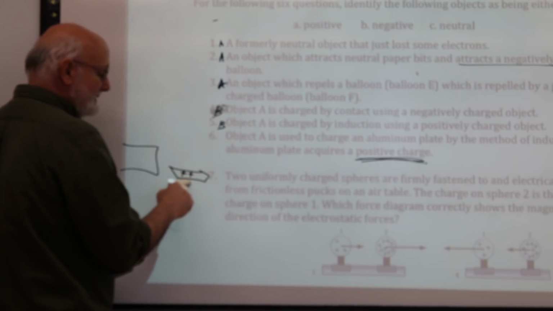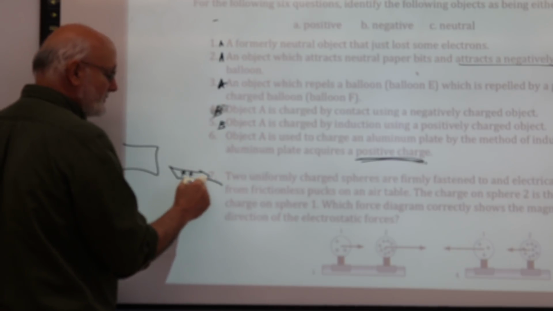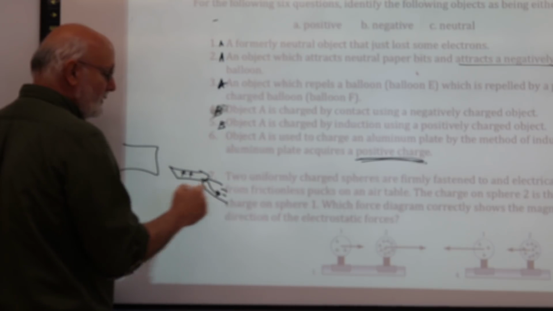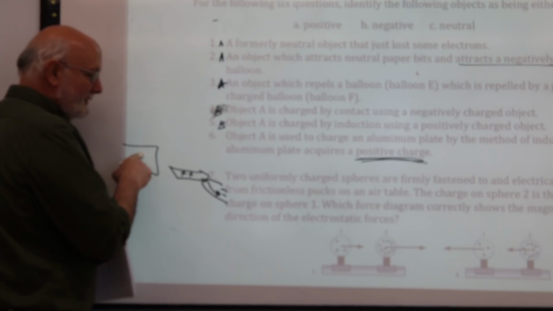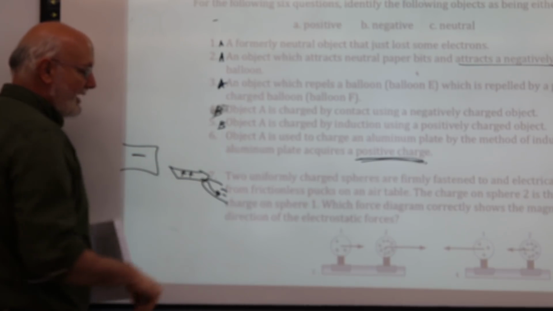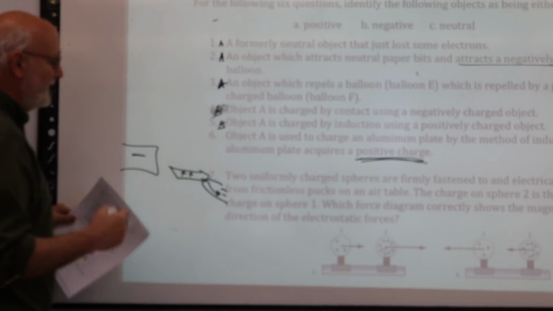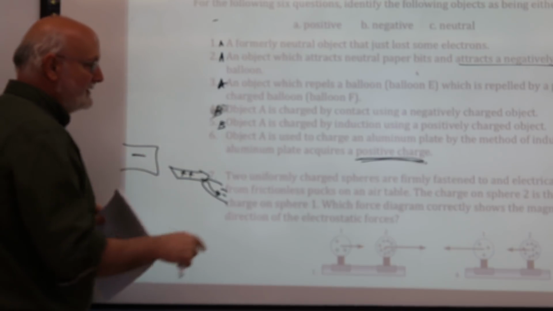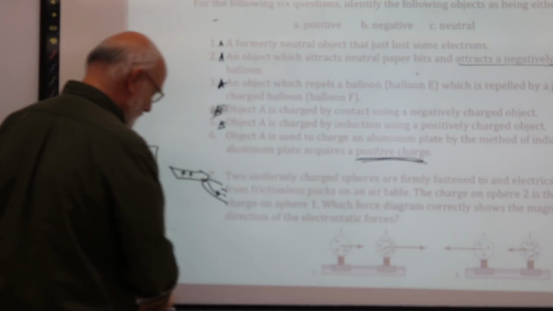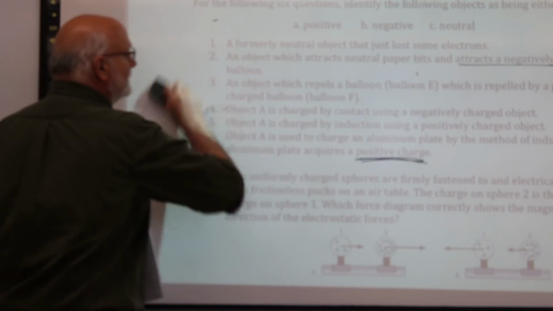Remember, that means this guy must have lost electrons. If electrons are going into it, what charge do you think this guy must be? He's got to be negative to draw them and have them move away. And so therefore, that is going to be negatively charged. Also remembering, with induction, you get the opposite charge. All right.